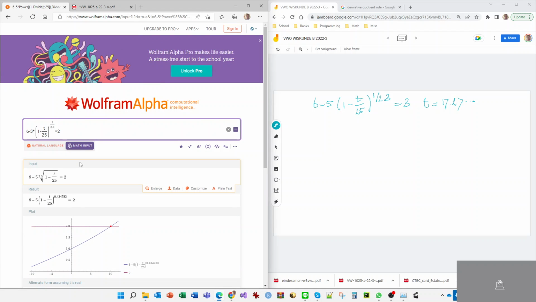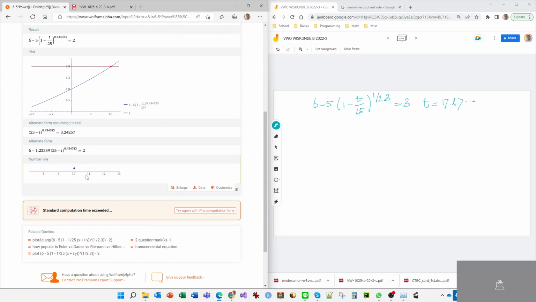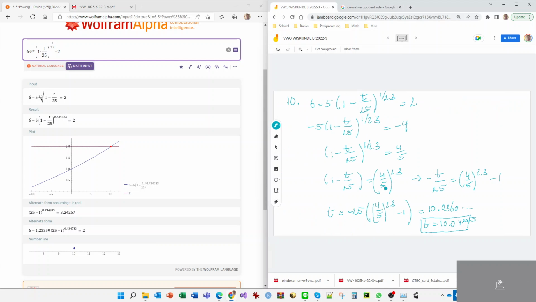You see the crossing point is somewhere above 10, so I assume the previous calculation is okay.